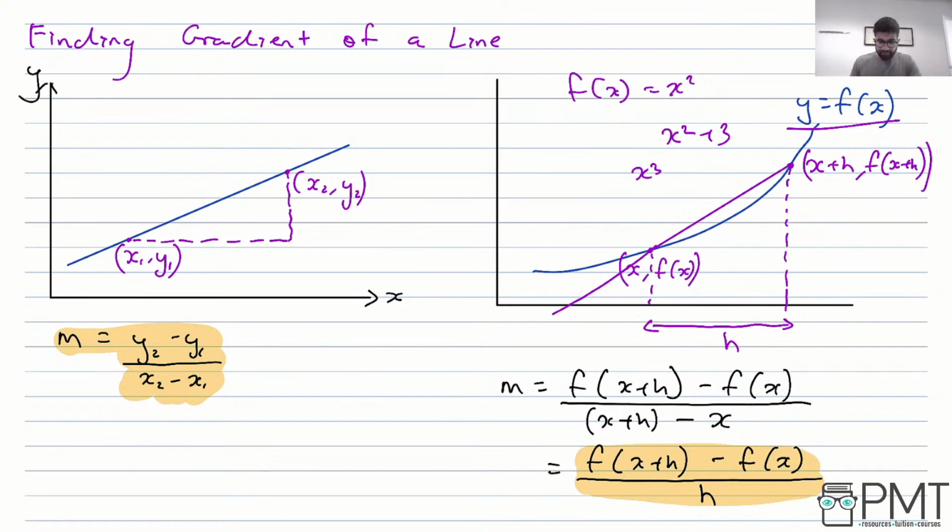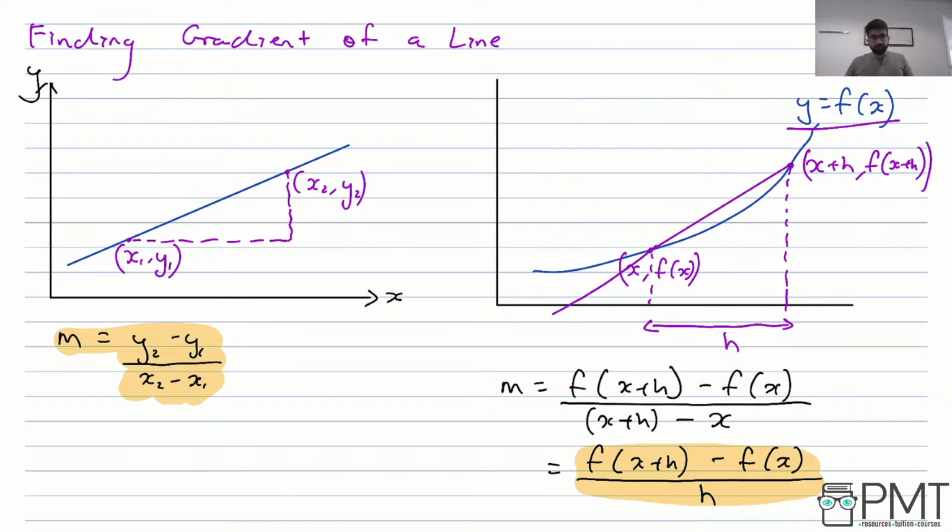The way the function works is that when you have the x coordinate for any x, the y coordinate is f of x. But if instead you're inputting x plus h, that's your x coordinate, then the y coordinate will be f of x plus h. So that's basically what comes out of your function.